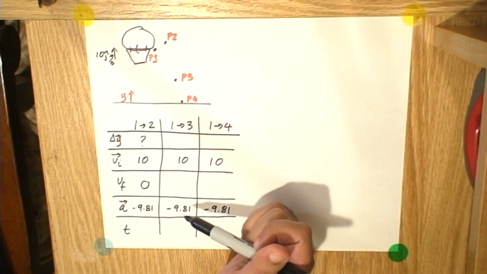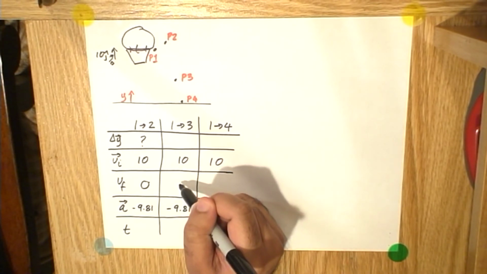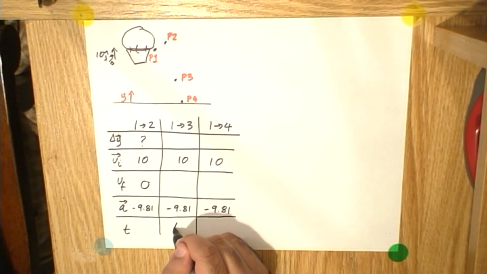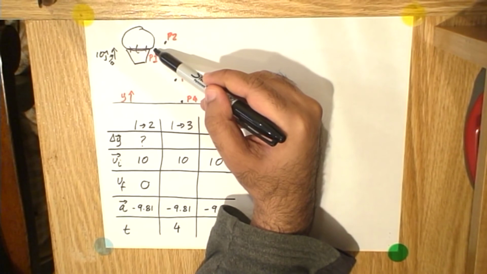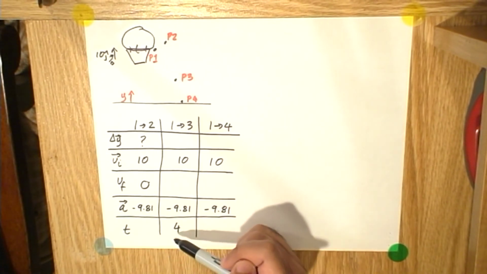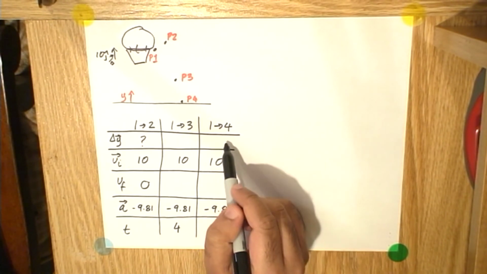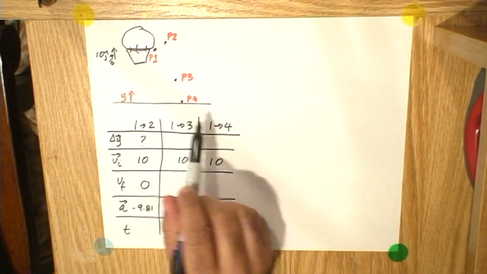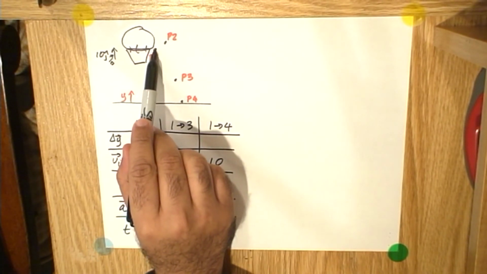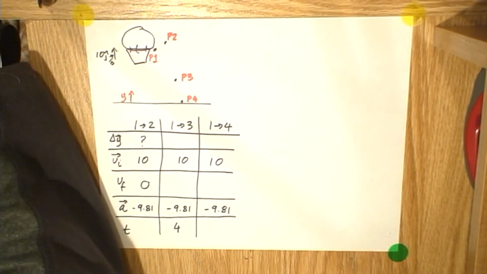What about from 1 to 3? From 1 to 3, we don't know the displacement, we don't know the final velocity, we're looking for those two, but we are told that 4 seconds have elapsed from when it was let go to when it reaches this point. So the time is known. And finally, from 1 to 4, what we know is that the ball has started from its initial location and it's just about to strike the ground.